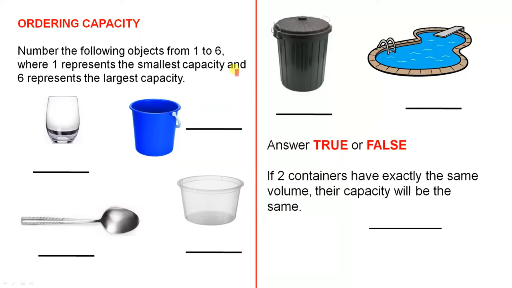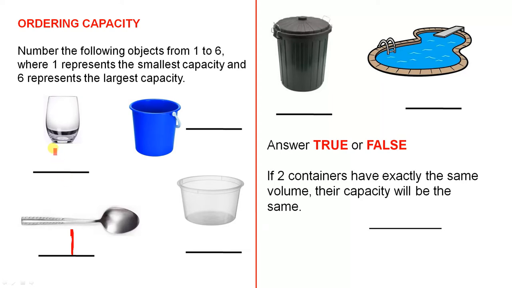Ordering capacity. Number the following objects from 1 to 6, where 1 represents the smallest capacity and 6 represents the largest capacity. Now remember, we're talking about the amount of liquid that the object can hold. Now you can see straight away that's the smallest. That's not going to hold a lot of liquid.